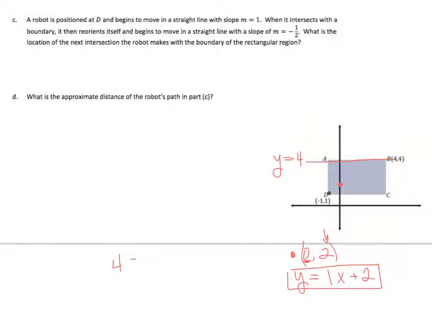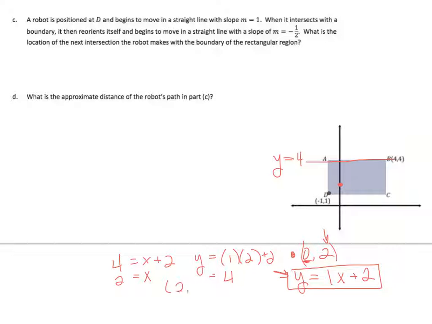So 4 equals x plus 2, x equals 2. Plug that back in to any equation. Y equals, I'm going to plug it back into that equation, 1 times 2 plus 2. Y equals 4.